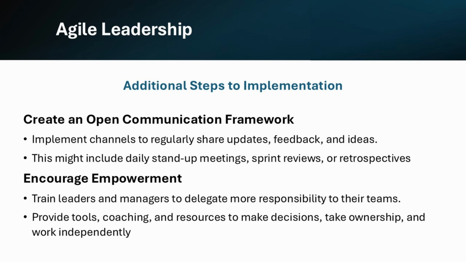It's a lot easier to measure what somebody's done against the responsibilities you're looking at. And you also want to provide tools and coaching and resources to make decisions and take ownership and ultimately work independently. That makes everybody's life so much easier.